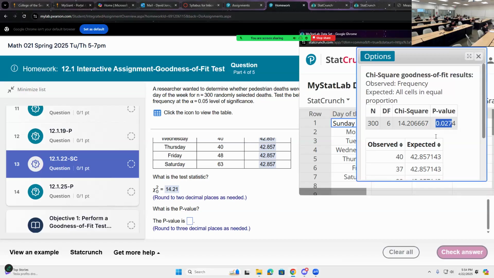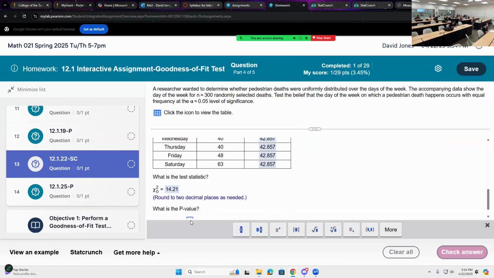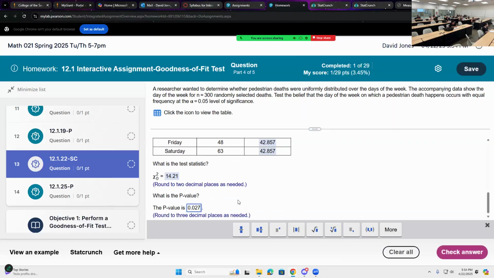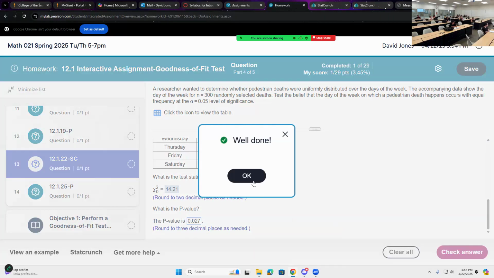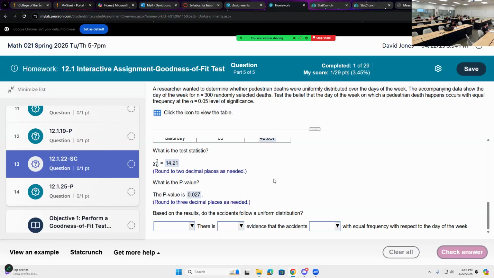To 3 decimal places, just copy and paste. And it was a 4 after that, so I don't need to round. It says the problem alpha was 0.05 level of significance. So if my p-value is 0.027, what should we do? Should we reject H naught or do not reject H naught?